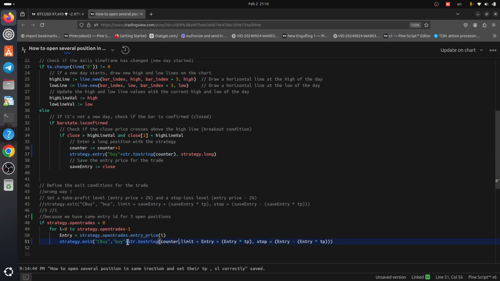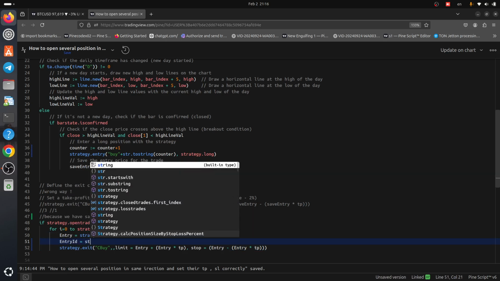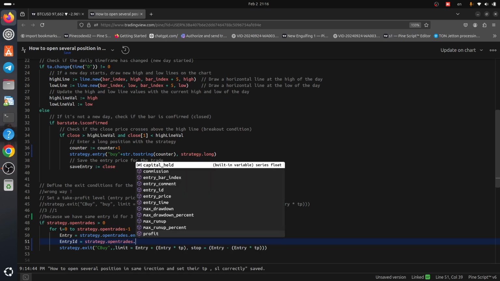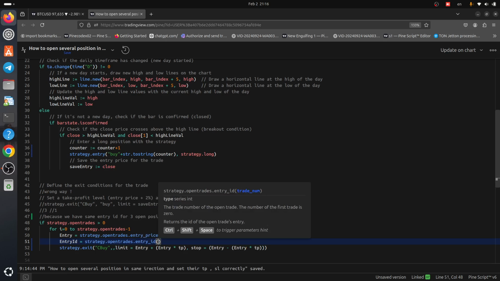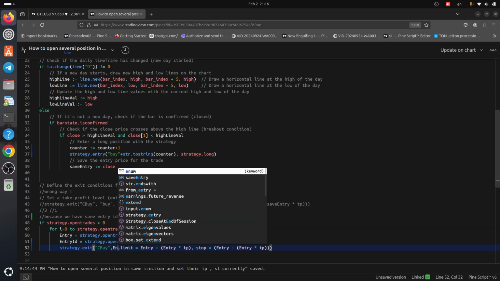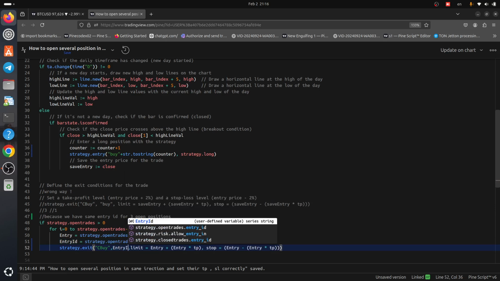So what can we do? We define here another thing, entry ID, strategy open trades entry ID i. And here we write entry ID.